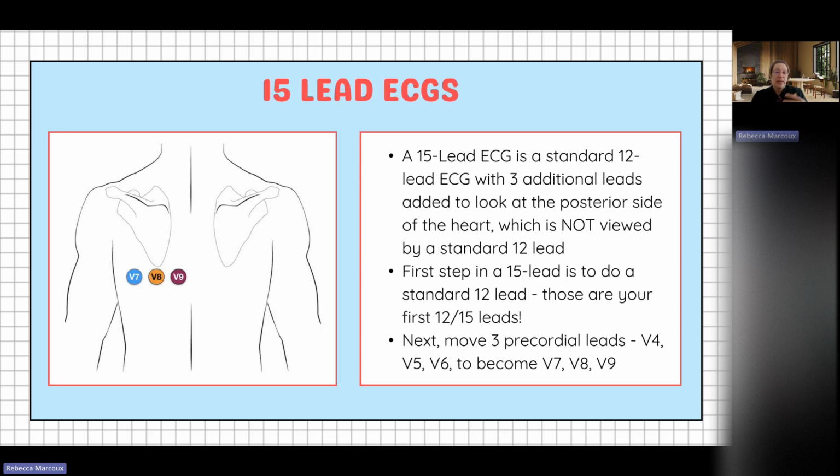And again, if you just have a machine with 10 electrodes, you'll move your V4, V5, V6 to the back to become V7, V8, V9. If you are lucky to have a 13 electrode machine like some of our Emerges, then you'll be able to do the full 12 lead and then add the extra 3 leads as well, which is super nice to create 15.